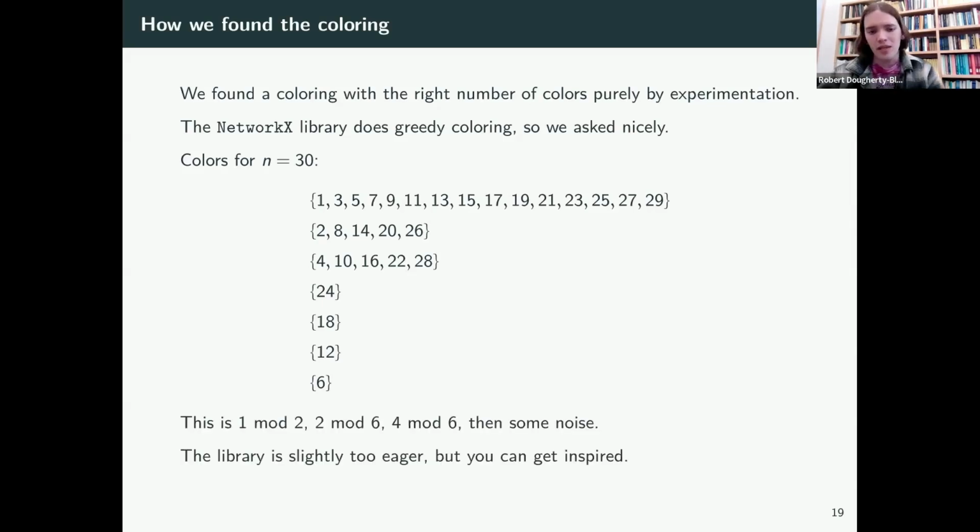But it sure looks like you've got some sort of congruence relation happening here, where you think of things as 1 mod 2, 2 mod 6, 4 mod 6, something like that. And that turns out to be the right idea, although you can't see exactly the right idea from looking at these examples. You need to look at some bigger examples and get a little inspired to figure out what the right pattern is. But this is how we found it, just by looking at examples and guessing.